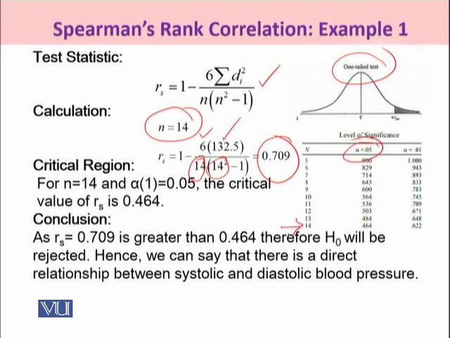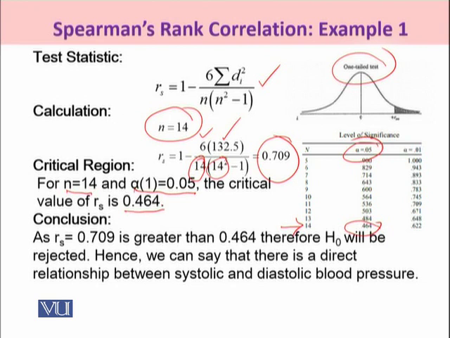I've shared a portion of the Spearman's rank correlation table appearing before you, students. If you observe the value for n 14 and probability 0.05 for the one-tail test, the critical value of rs is 0.464.